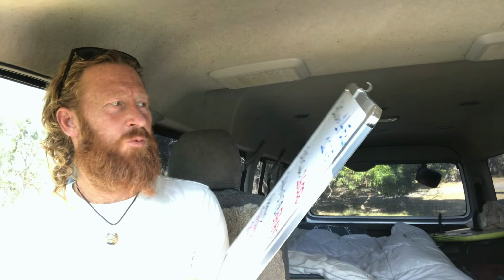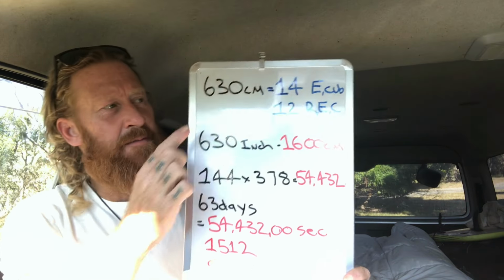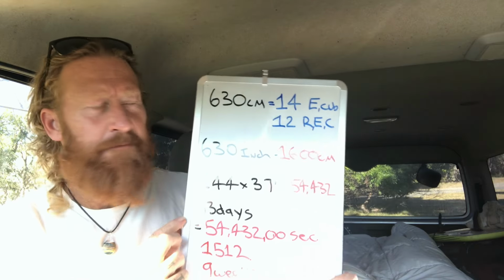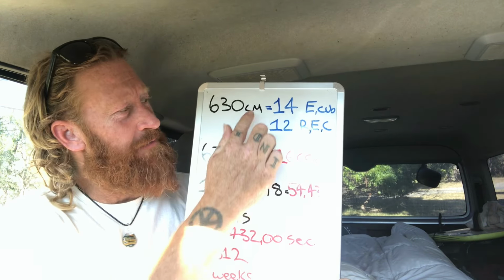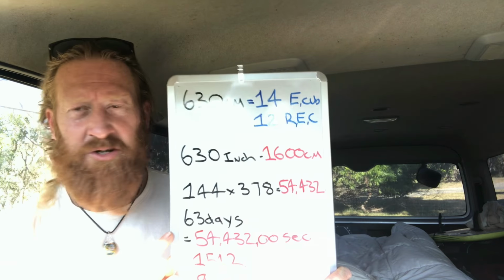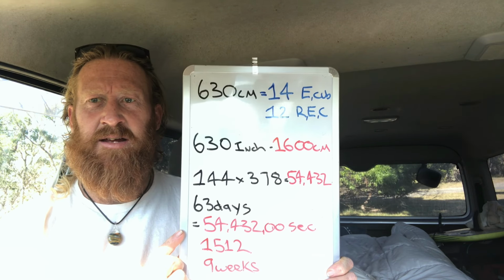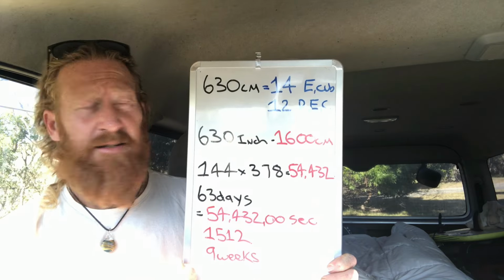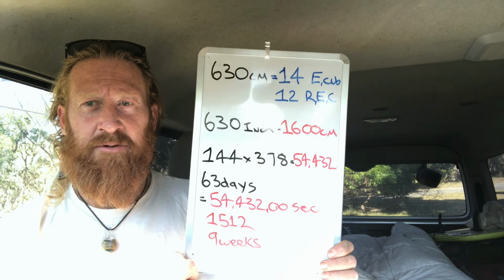I just wanted to show that 630 centimetres, this is our string length that I've discovered. We'll get right into that later. But I wanted to show that it's 14 Egyptian cubits, and 12 Royal Egyptian cubits is 630 centimetres. So isn't that quite tidy? I mean, it's self-explanatory really.